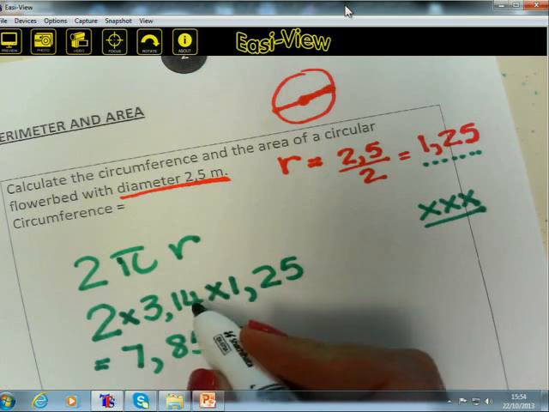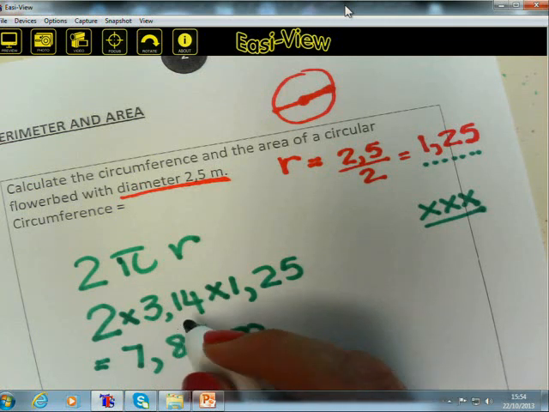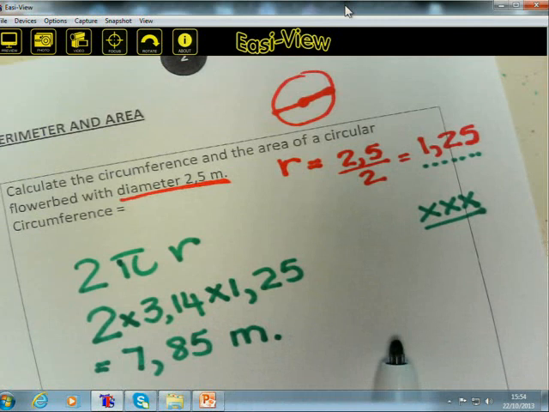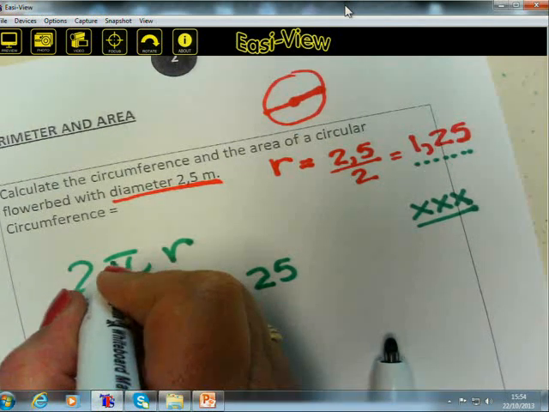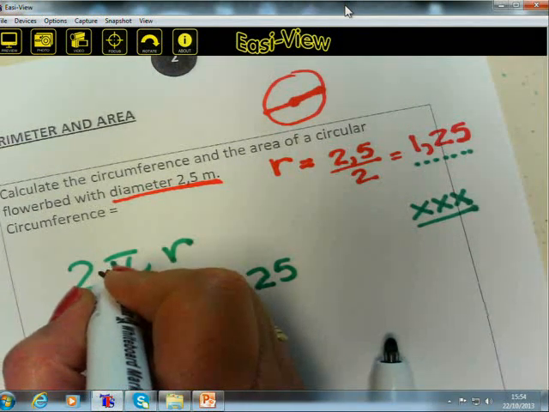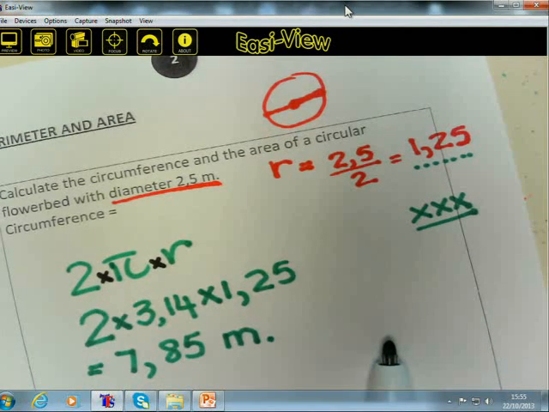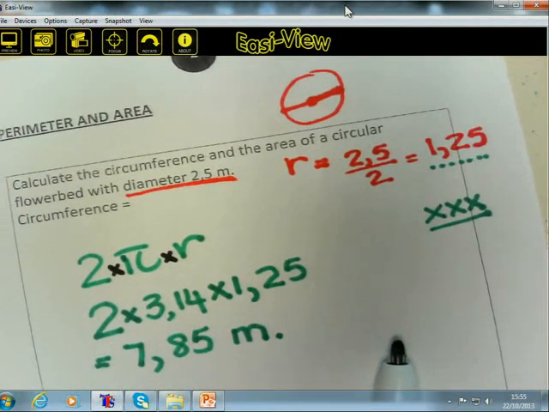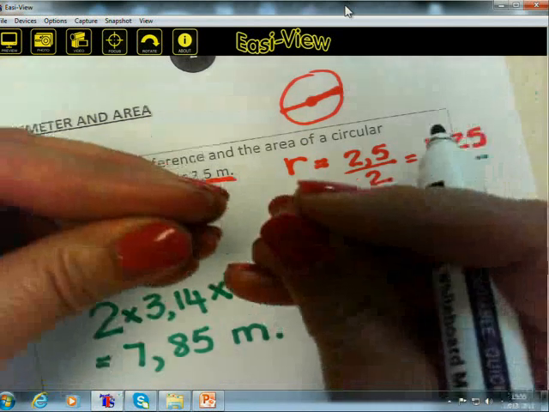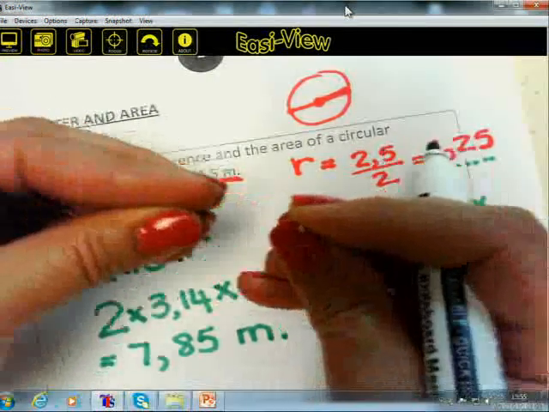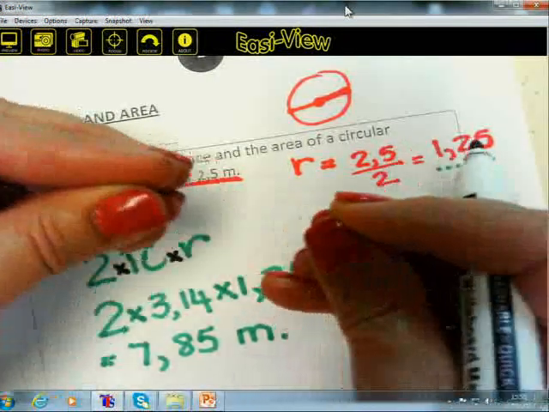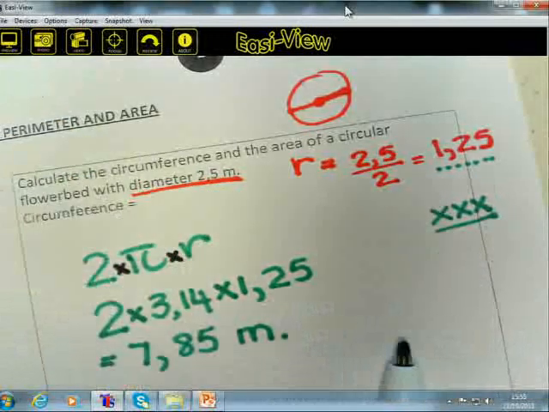But the most important thing that we learned now is that we saw that 2 pi radius means 2 times pi times radius. Please, learners, you must not add these numbers. You must multiply them. They are standing next to each other and they are kissing each other. Will you please remember this?